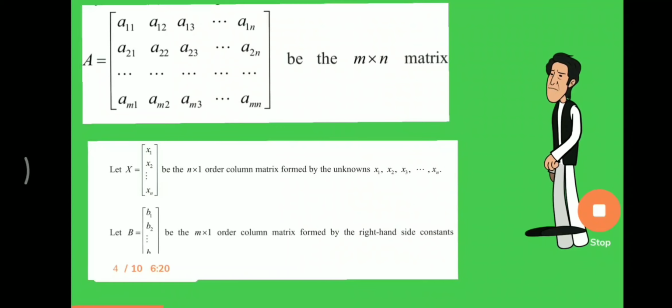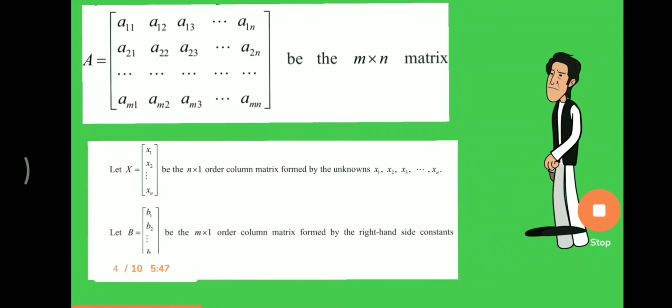Then the above system can be put in matrix form as AX = B. A is the m by n matrix formed by the coefficients of the unknowns x1, x2, etc. up to xn. Let X be the n by 1 column matrix formed by the unknowns x1, x2, etc., xn.